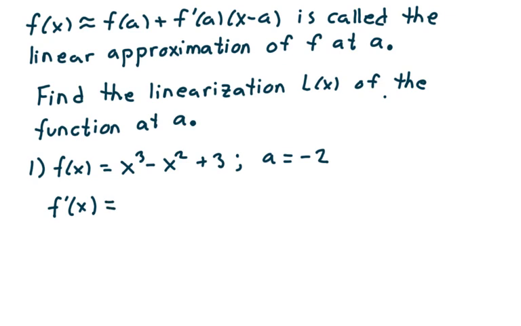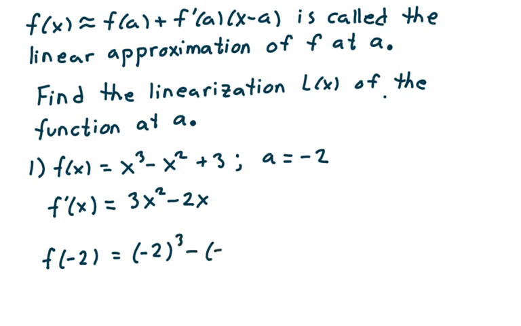So f prime of x is equal to 3x squared minus 2x. Now let's take f and evaluate it at negative 2. So wherever I see an x, I'm going to replace it with negative 2. So I get negative 2 raised to the third minus negative 2 raised to the second plus 3. And this is negative 8 minus 4 plus 3, which is equal to negative 9.